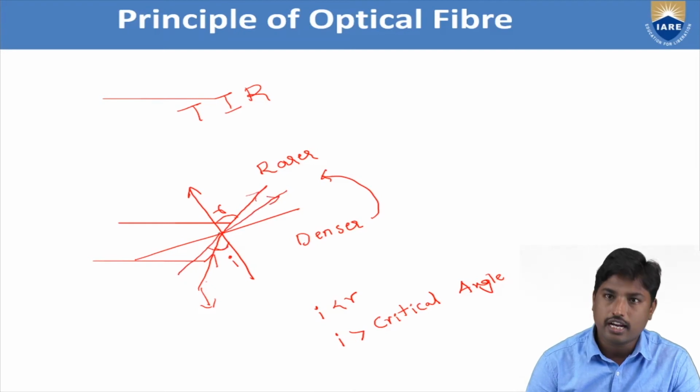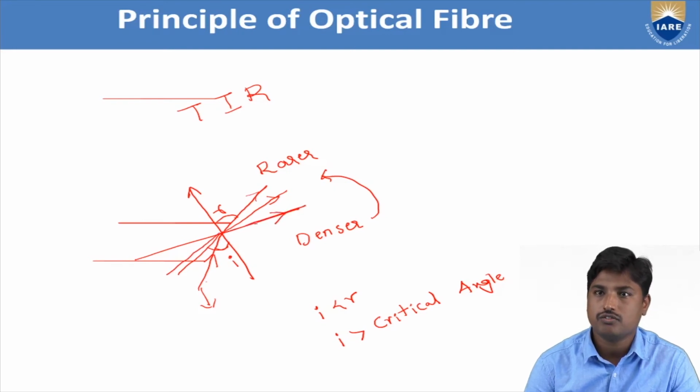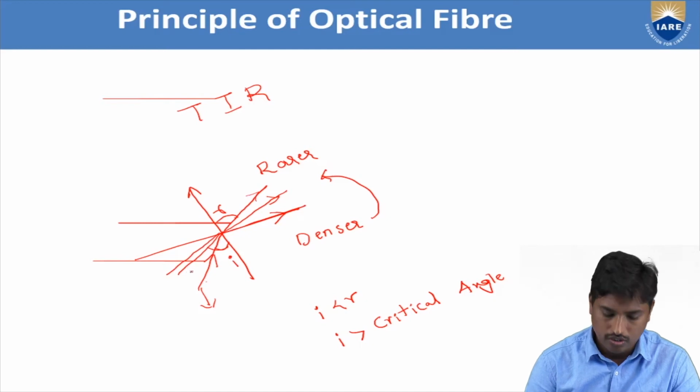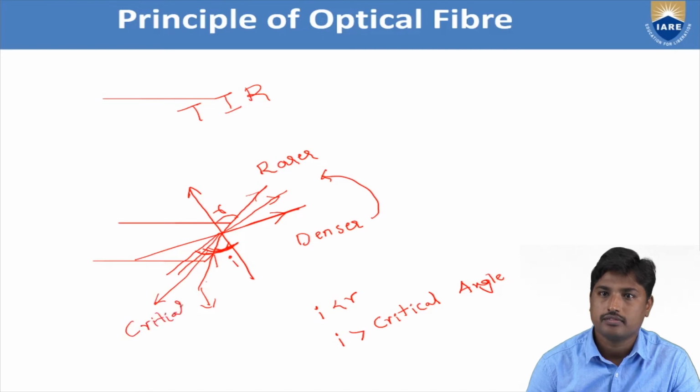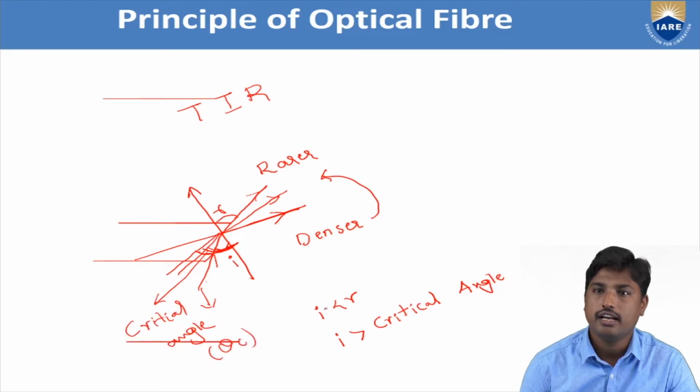Then at a particular angle of incidence, what do we observe? The refracted ray grazes the surface of the two mediums. This angle of incidence we call the critical angle, usually represented with theta c.